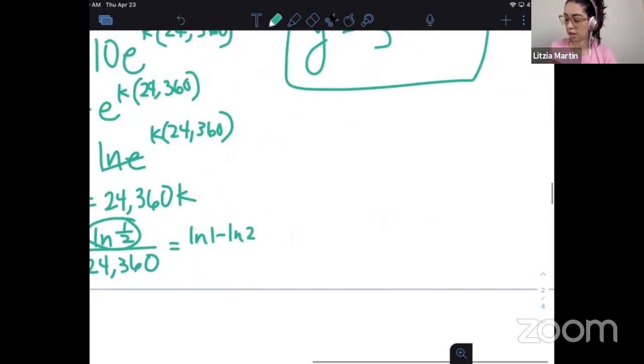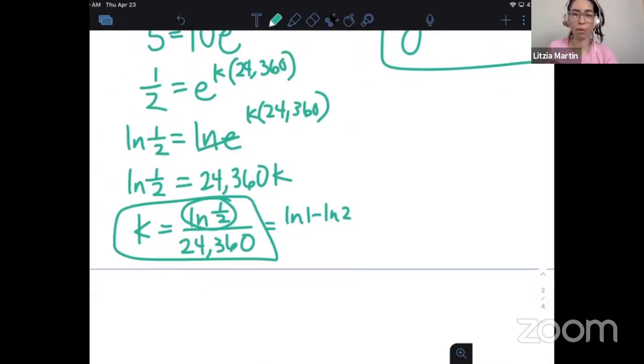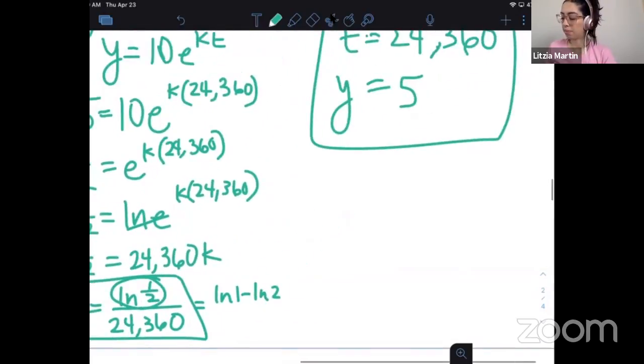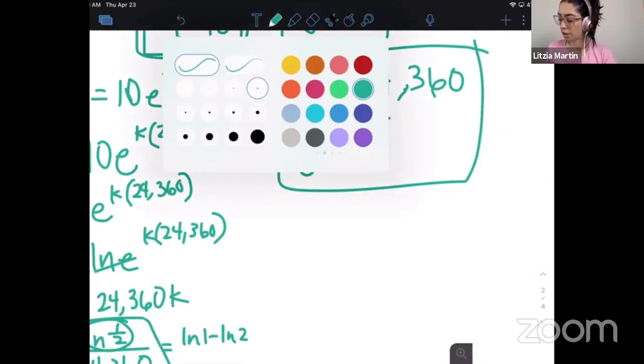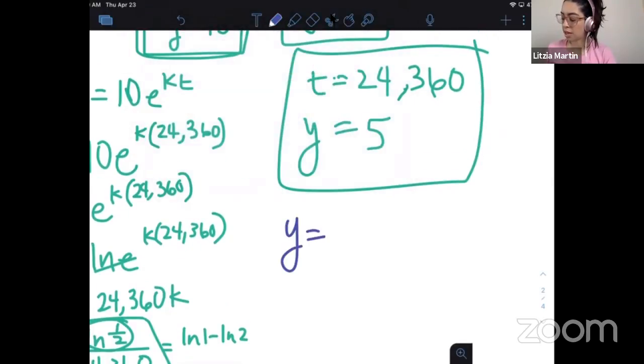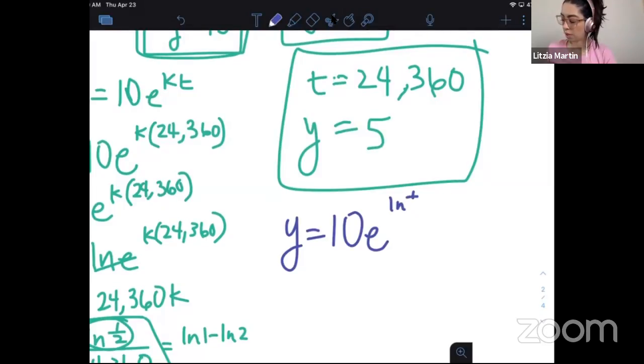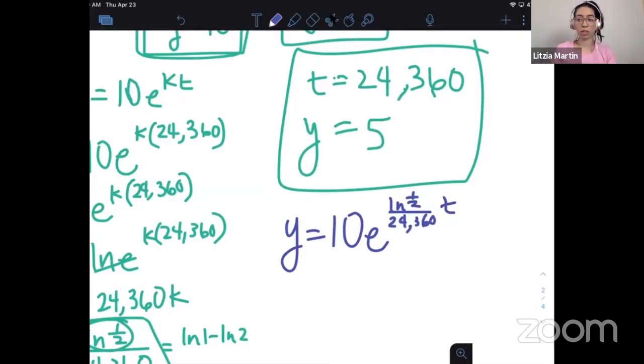So I'm just going to go ahead and plug that whole thing in. So our new equation, I'll do it in a different color. y is equal to 10 times e to the ln 1/2 divided by 24,360 times t. Okay, so there's our equation.